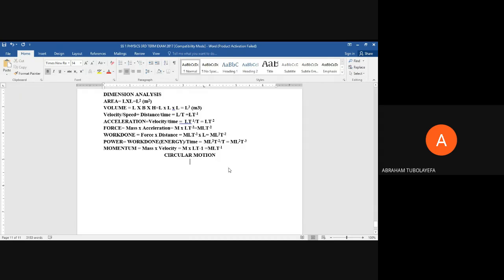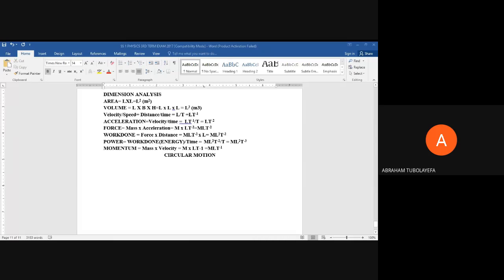Now, when we talked about circular motion, one of the things you should remember is that, apart from the fact that it's a motion around the circle, circular motion is the only kind of motion where you have constant speed at all the points, yet there is still acceleration.